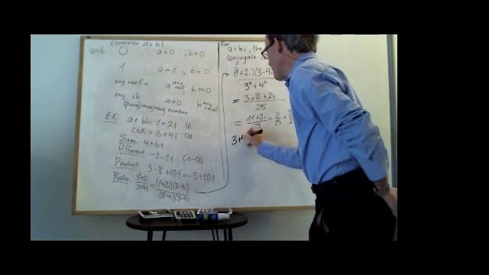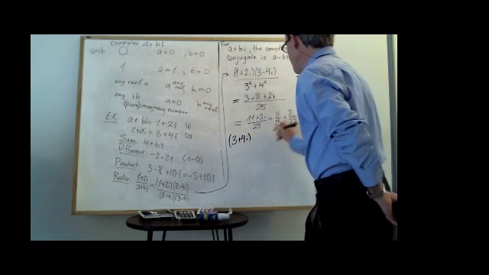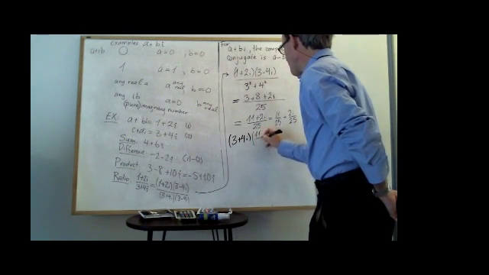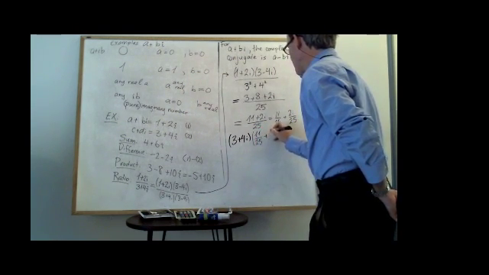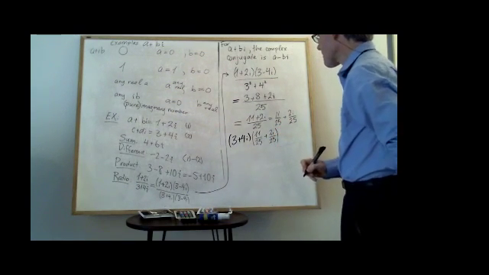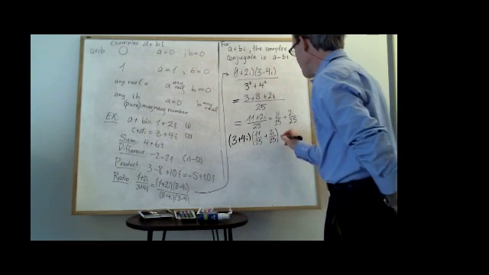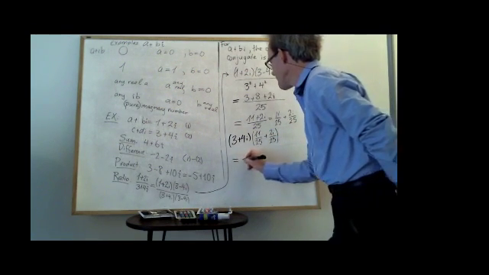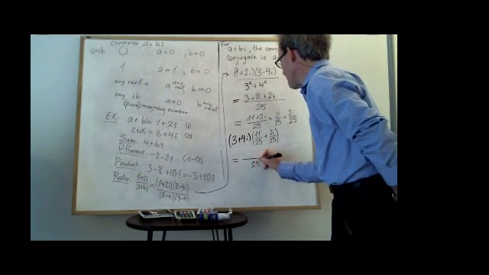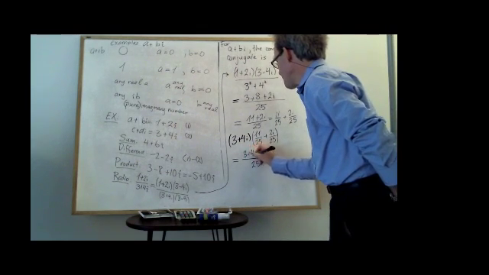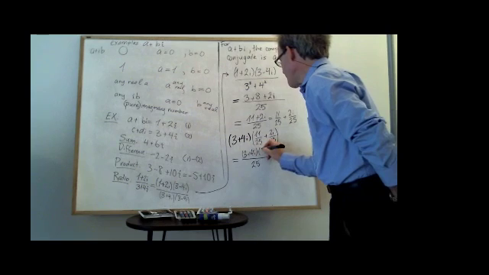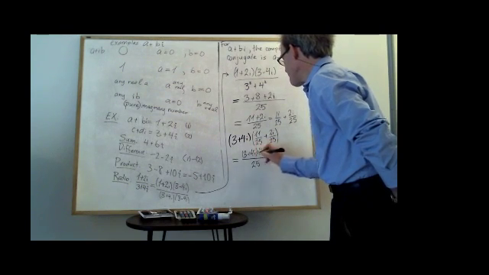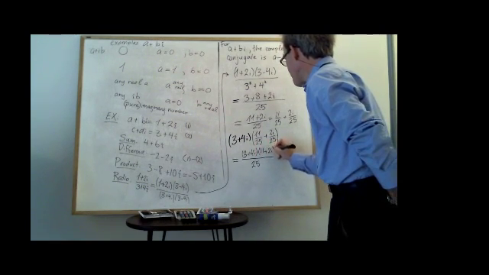So 3 plus 4i times this gives us, well, I can take the 25 outside, leave it in the denominator, and multiply the two factors in the numerator, 3 plus 4i and 11 plus 2i.